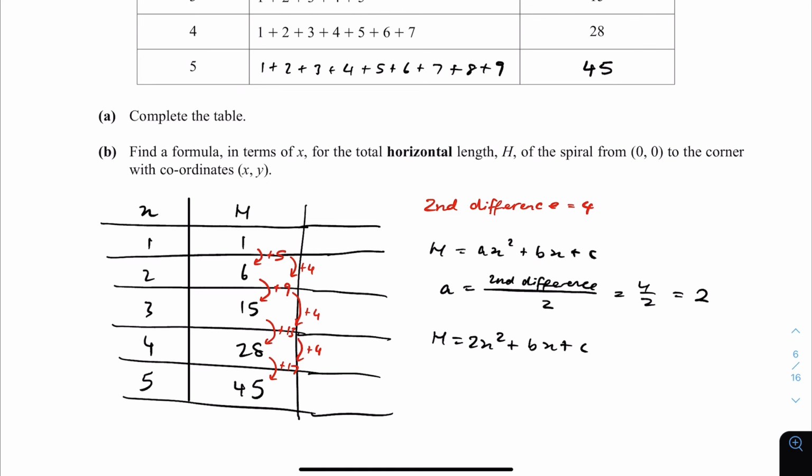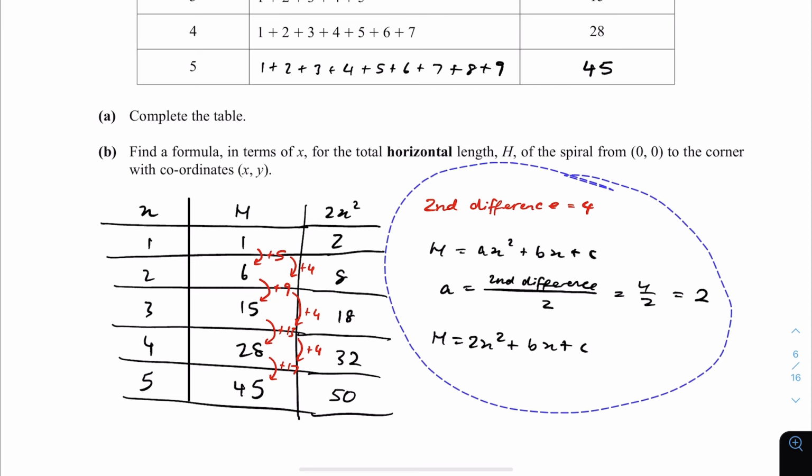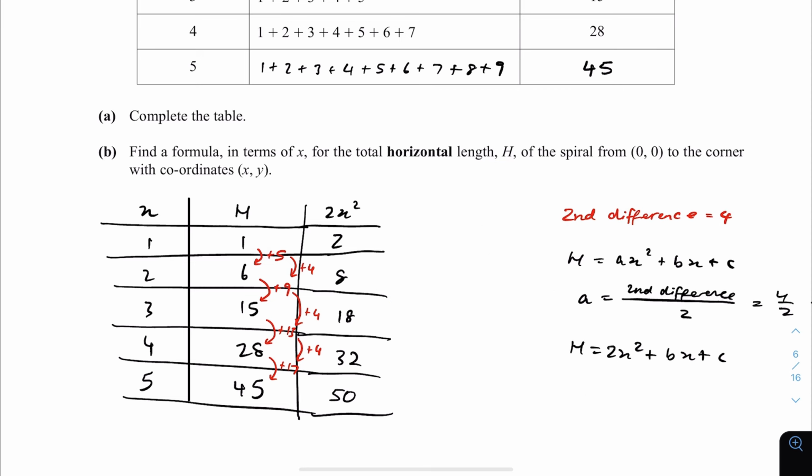Now the next step is to actually make a separate column for 2x squared. So for 2x squared, the values using x would be 2, 8, 18, 32, and 50. Now what we would do next is, wait, let me just move this over here to the side.